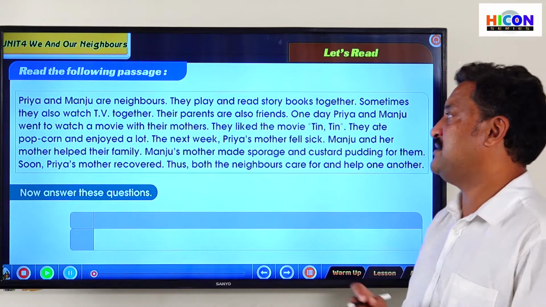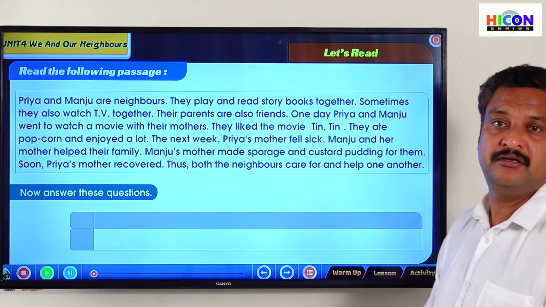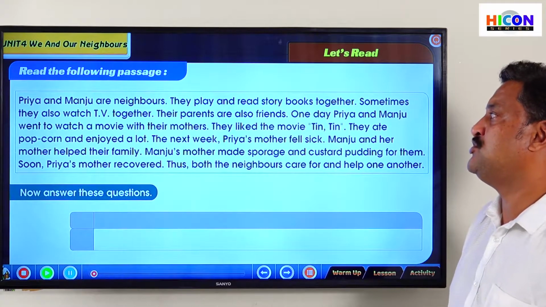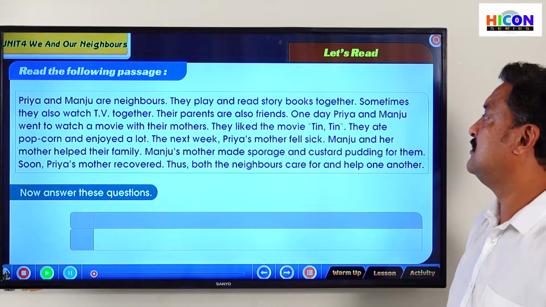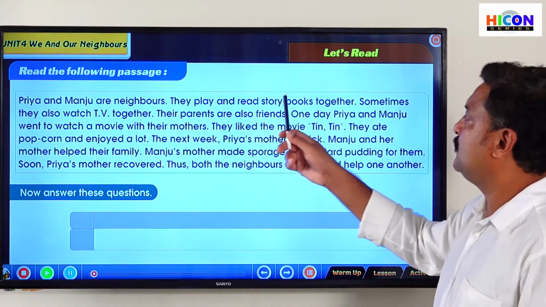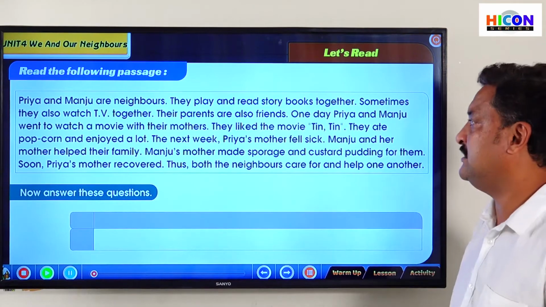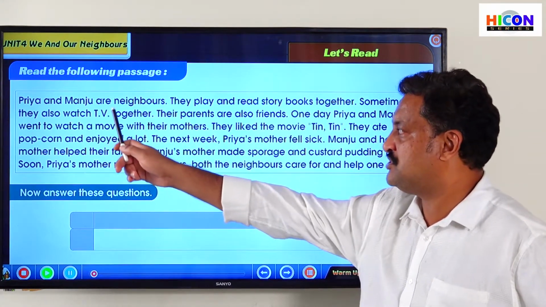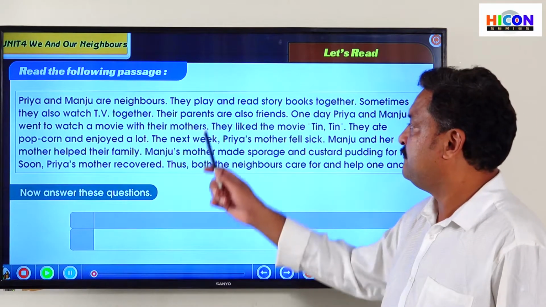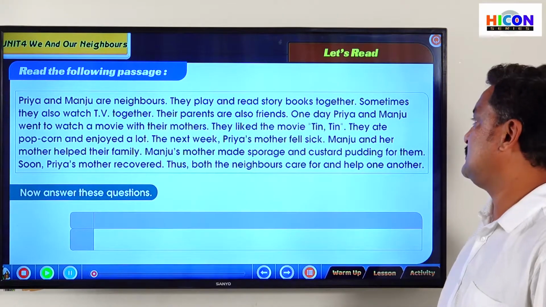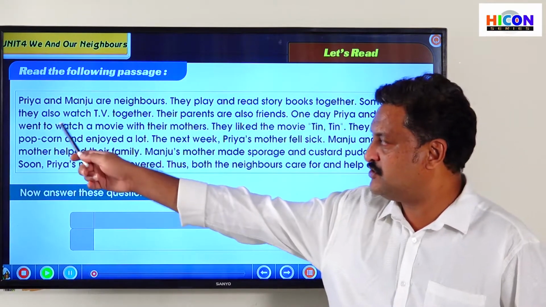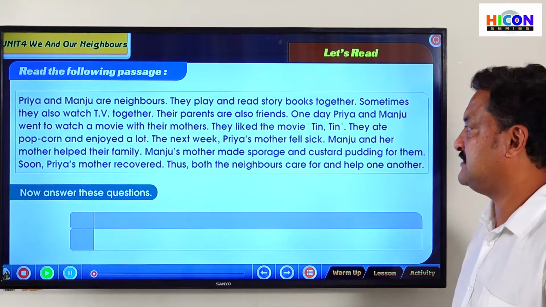So, we have the passage here. Priya and Manju are neighbors. They play and read storybooks together. Sometimes they also watch TV together. Their parents are also friends. One day, Priya and Manju went to watch a movie with their mothers.